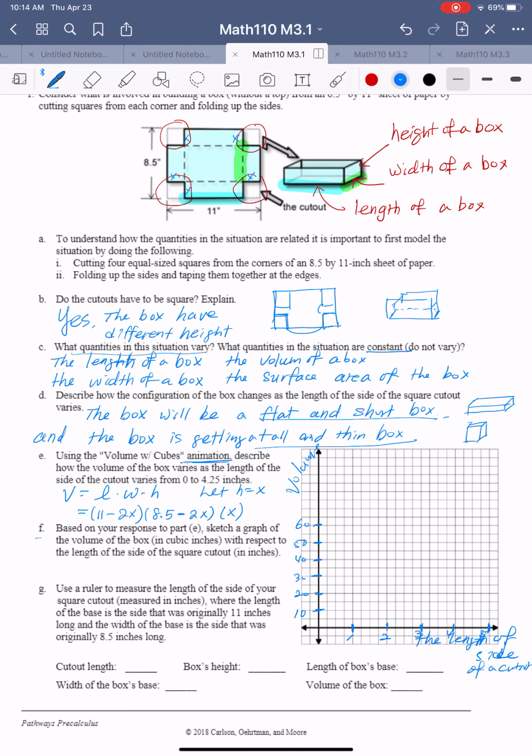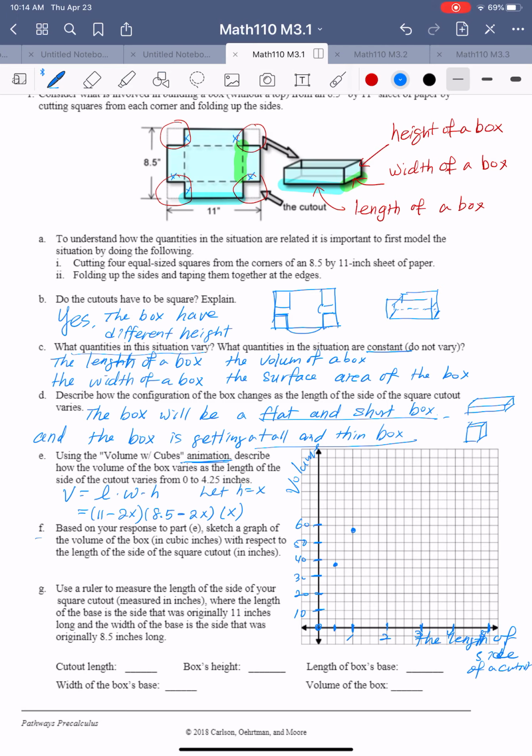If you plug in 0, then of course you get a 0 box. When you plug in 0.5, it becomes 3.75, which is about here. If you cut out 1, it becomes 58.5.